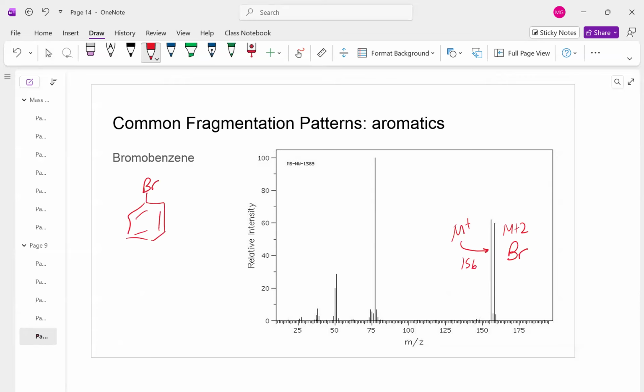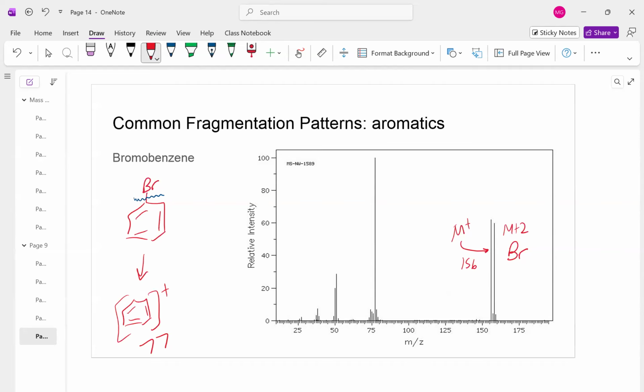Now notice in this case, we don't have any benzylic carbons on bromobenzene. So the logical way to fragment the compound is just break it off at whatever that group is. Because the fragment that results, this benzene cation, has a mass of 77.